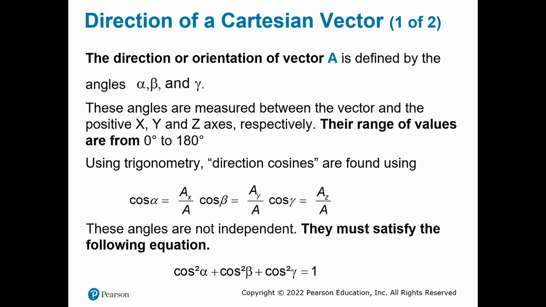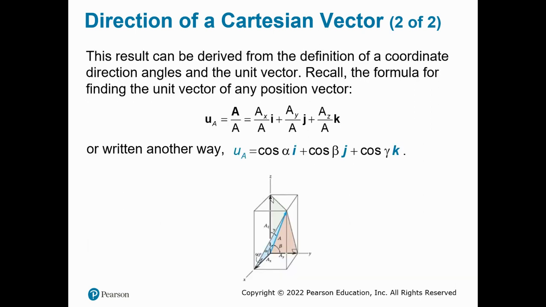These angles are not independent. They must satisfy the following equation: cosine squared alpha plus cosine squared beta plus cosine squared gamma equals 1. This equation must be satisfied for these three angles, alpha, beta, and gamma. This result can be derived from the definition of the coordinate direction angles and the unit vector.